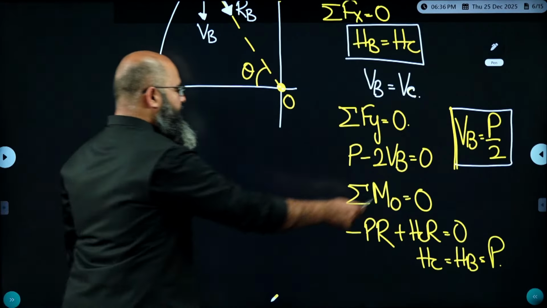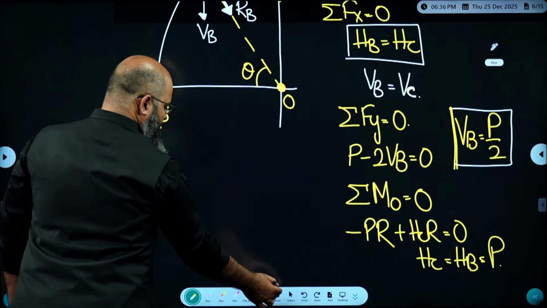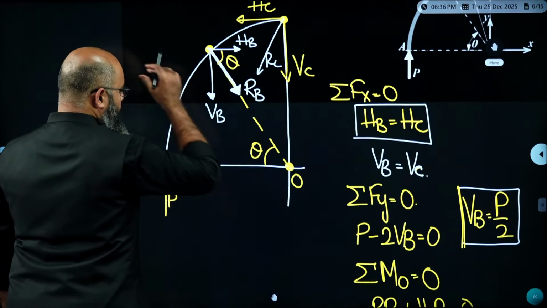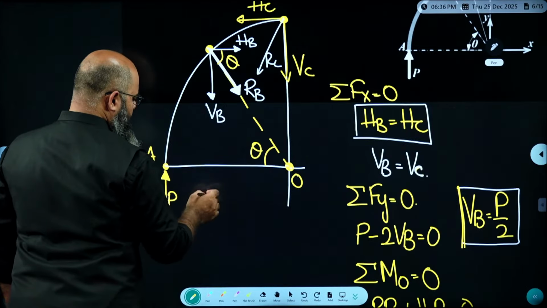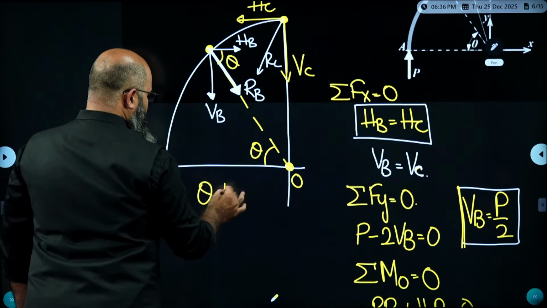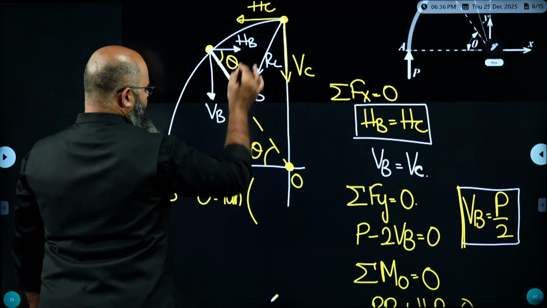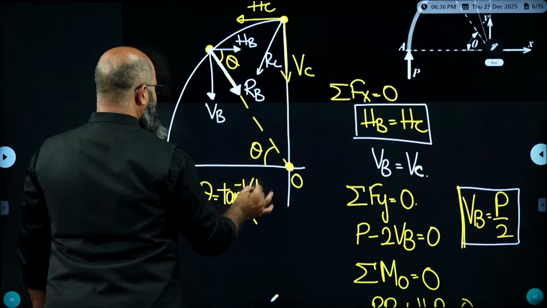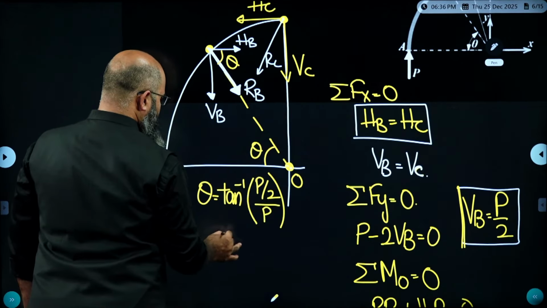Now you have the VB value, you have the HB value. Sometime back you saw the value of theta is equal to tan inverse of VB upon HB. VB is equal to how much? P by 2. HB is equal to P. You are getting tan inverse of half.